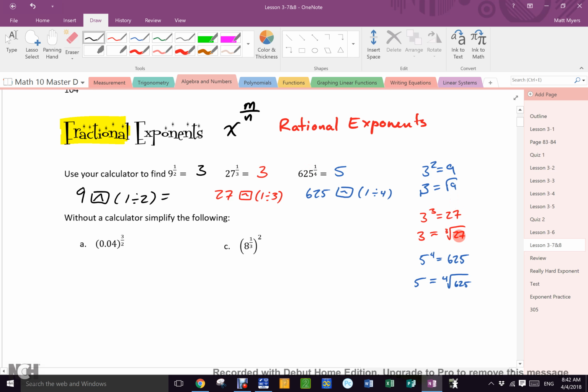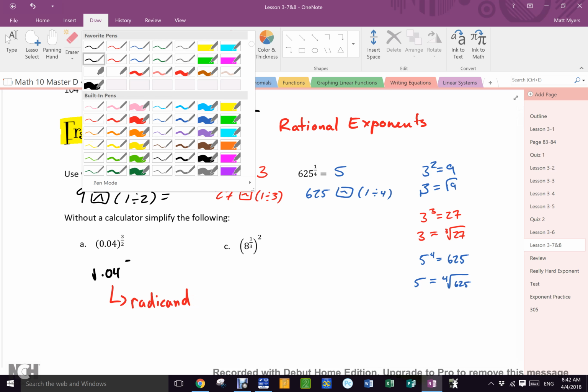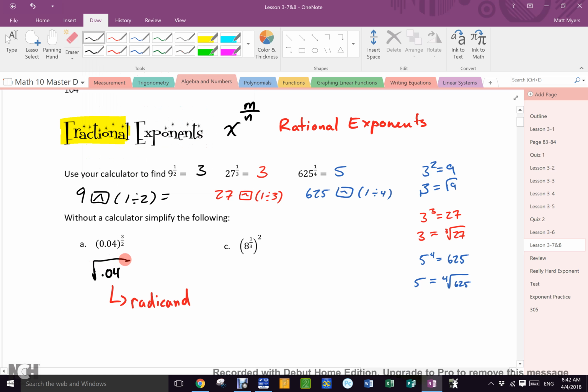Where does the base go every time? Inside the root. It becomes the radicand. I've used that word a lot. I'm going to write it down again because I need to be able to say it and have you know what I mean. That is the radicand. It's the thing under the root sign. Everybody good?